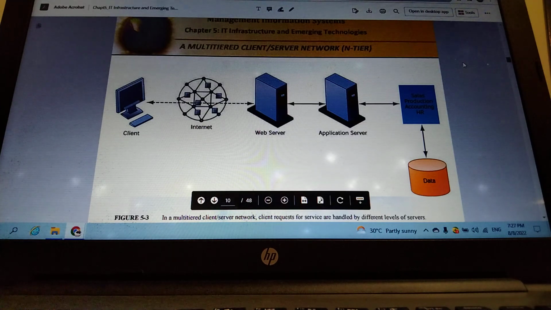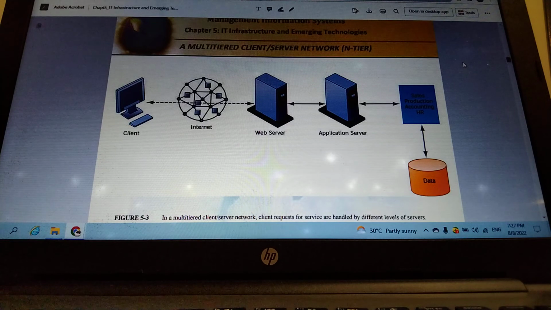The web server is connected to the application server, and then you might have a sales, production, accounting, HR system, or any other systems in your organization that are connected to your own private, proprietary database within the company. So this is how the linkage is between the client and the organization or any particular company.